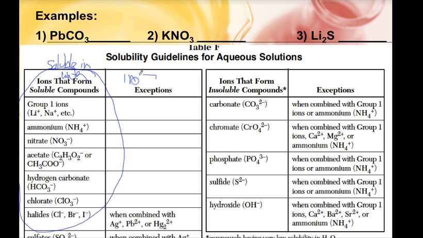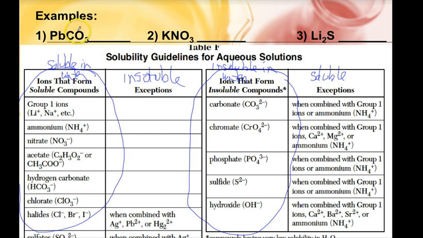These are insoluble. So the exceptions are insoluble. Now, just to make things worse, on this side of the table, these are insoluble in water. And you may want to write this on your own reference tables. Even though you can't use it on the test, it'll help you out when you are doing your packet. And the exceptions in this case are soluble.